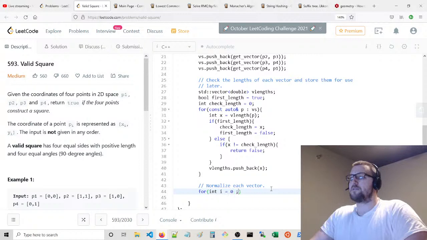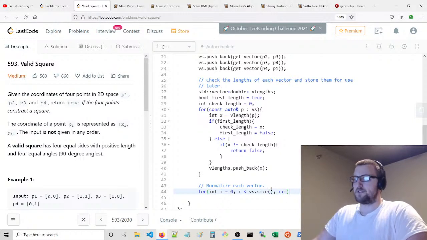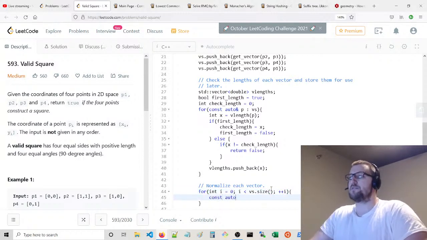I guess for int i equals 0, i is less than vs dot size plus i, const auto xy equals vs of i.